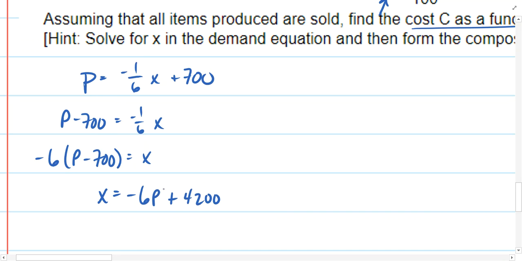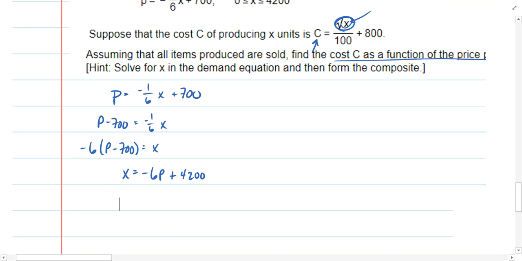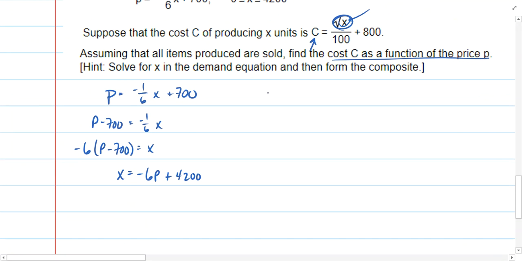Now we have the relationship between price and demand, and this is pretty typical. As price fluctuates, that may affect our demand, how many products would be sold based on the price of that product. Now, when we evaluate our cost based on price, let's write it this way, give ourselves some room here.